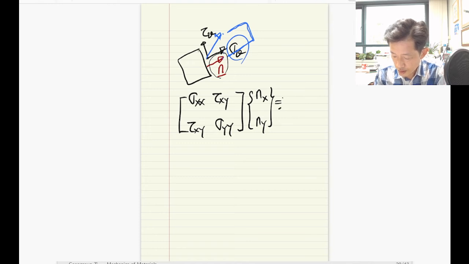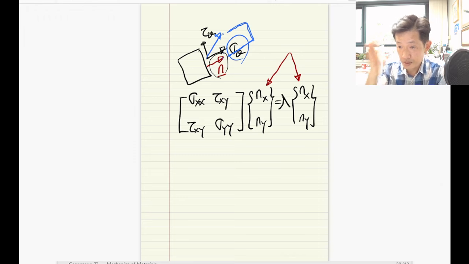I want to use lambda here, and the direction is given by nx and ny, because if the current direction is a principal direction, the direction of the plane is the same as the direction of the traction. This is what happens in the principal directions.